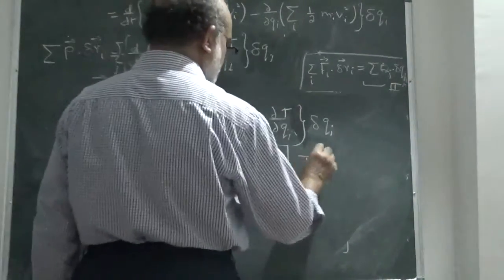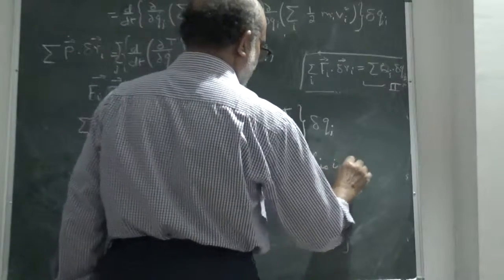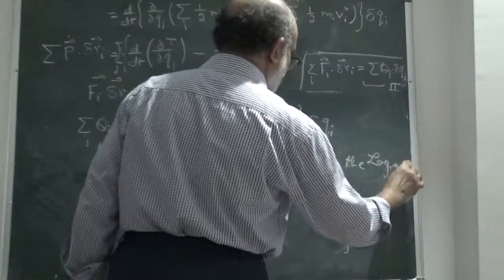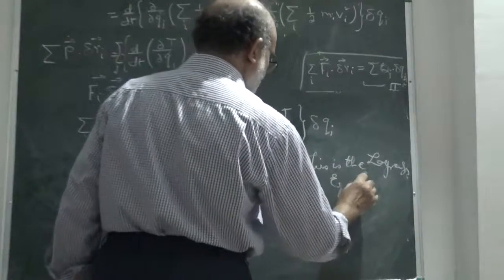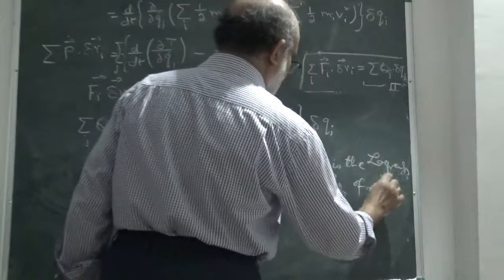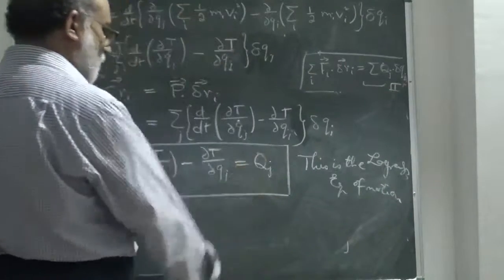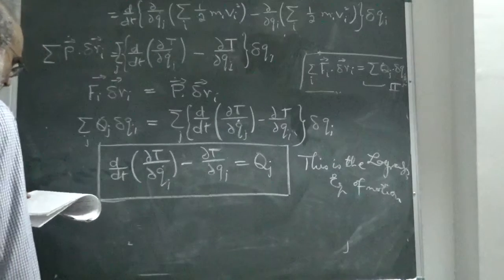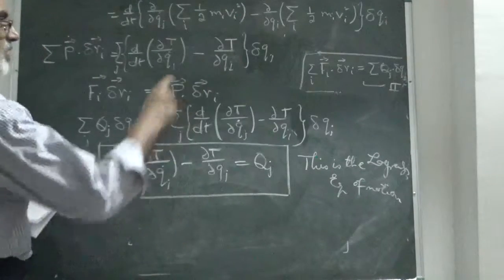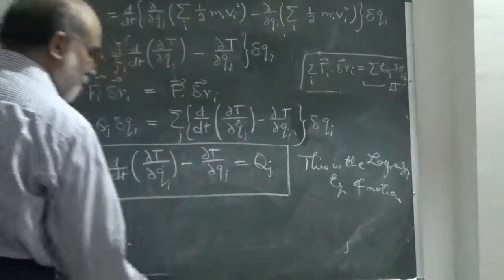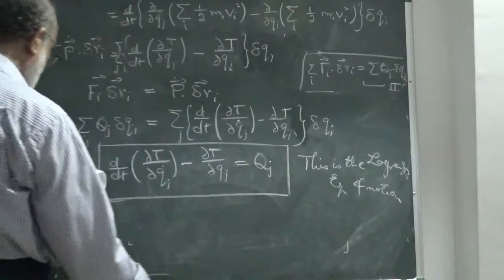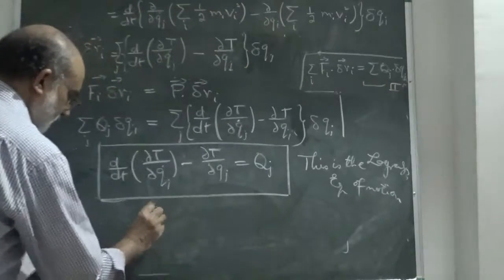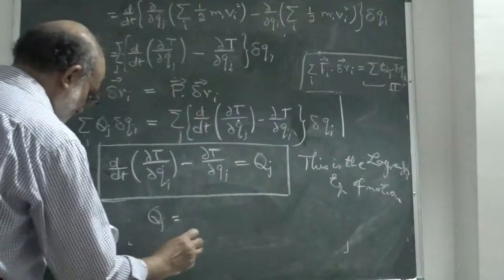This is the Lagrange's equation of motion. This is the generalized force, and the generalized force was given as Fi delta ri by delta qj. Okay. We have a generalized force.